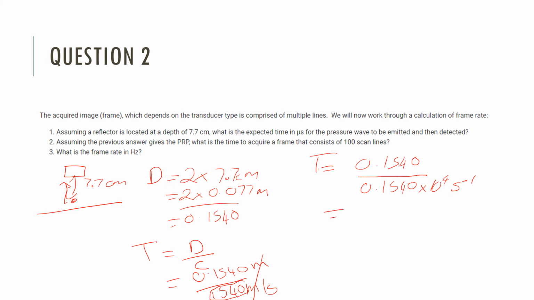Okay, so we can cancel these out, that gives us 1. We can flip this to the top, times 10 to the -4, and seconds to the positive 1. So now we have a value of 1 times 10 to the negative 4 seconds. If we want to get that to microseconds, we just go 10 to the negative 6. So that will be 100 microseconds.